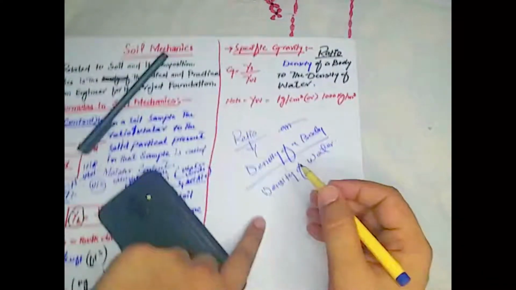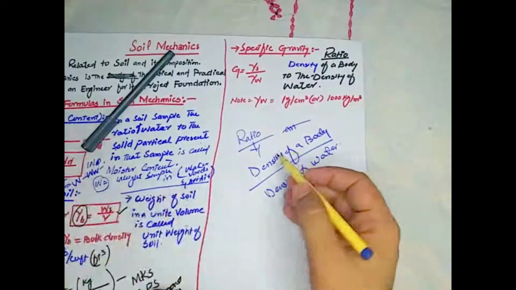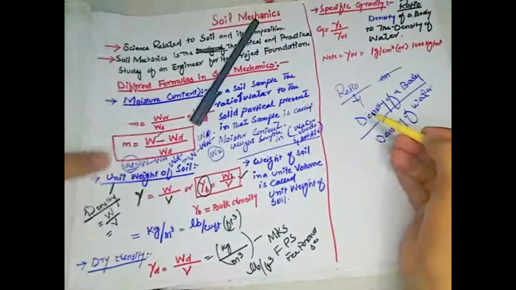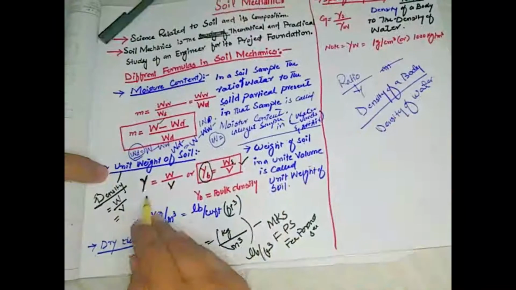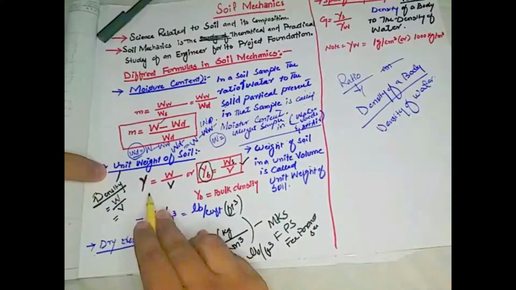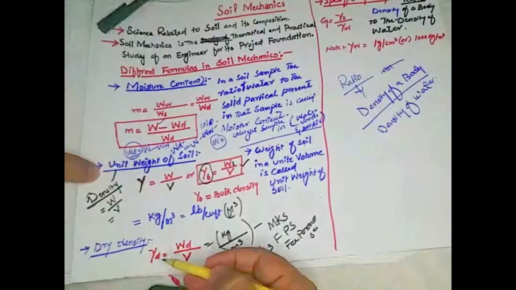The density of a body will be found by these formulas.